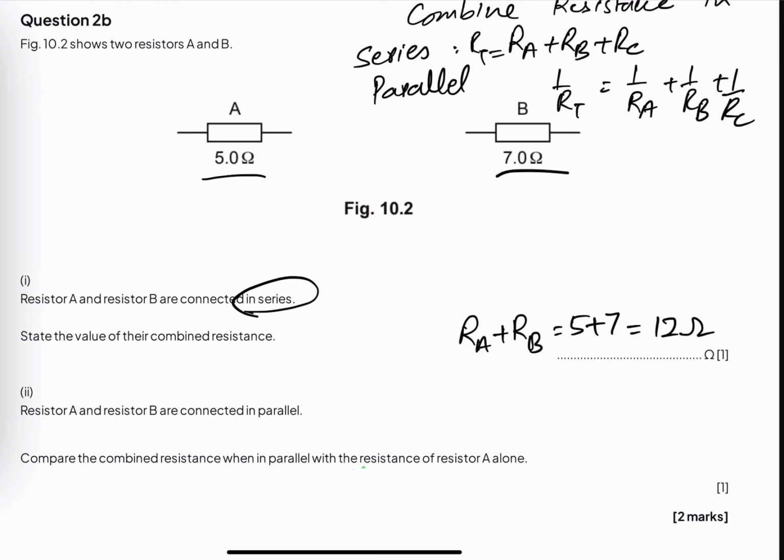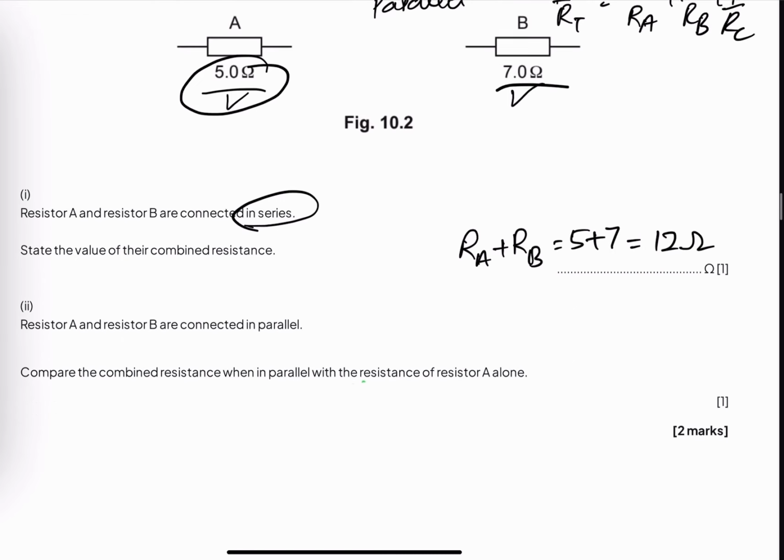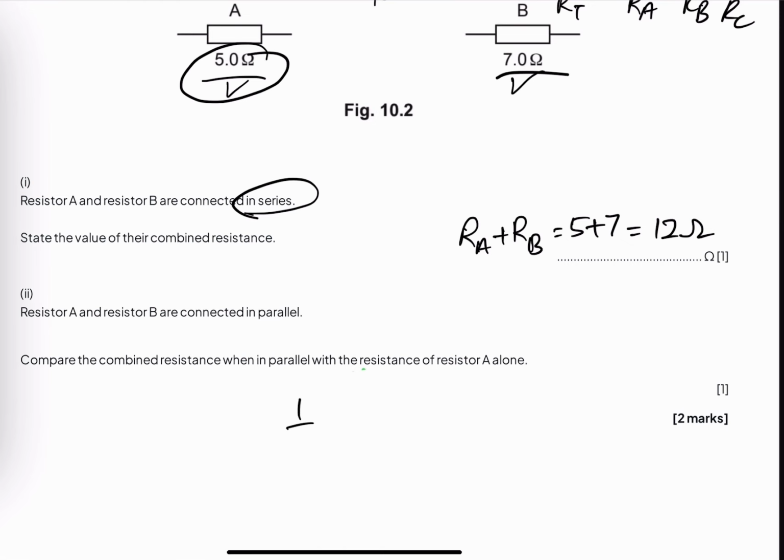One is 7, one is 5, the lowest value is 5, so your answer for a parallel combination will be less than 5 always. You can check it by applying a simple relation: 1 over 5 plus 1 over 7 is equal to 1 over RT. You can find the value of RT by solving it. It will always be less than 5.